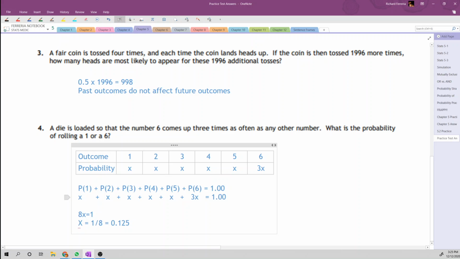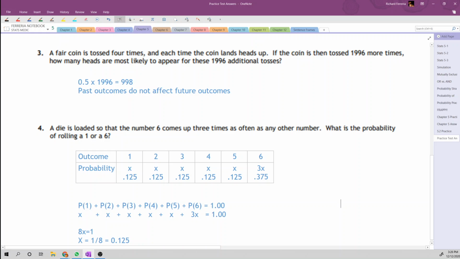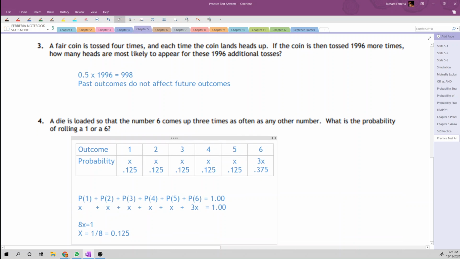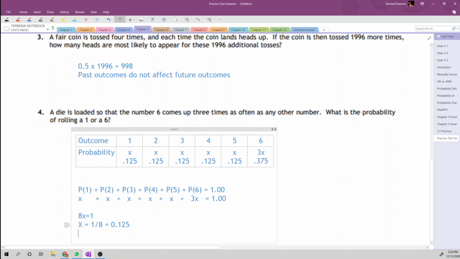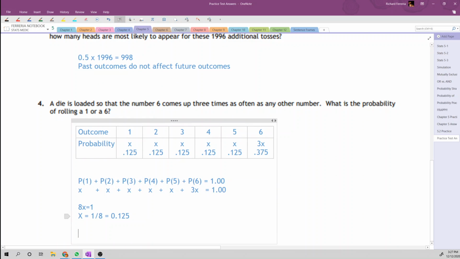So now that I have that, I can actually complete this table and put the actual probabilities in. So the probability of a 1 is 0.125, and the probability of a 6 is 0.375. Now if I want to find the probability of a 1 or a 6, that's just equal to the probability of a 1 plus the probability of a 6, because 1 and 6 are mutually exclusive outcomes.